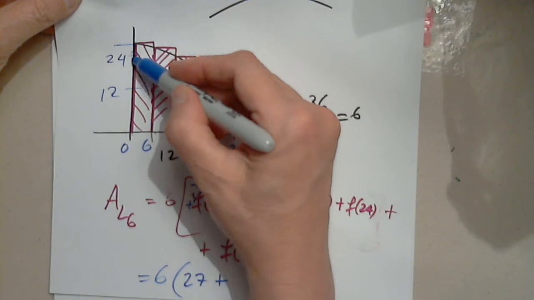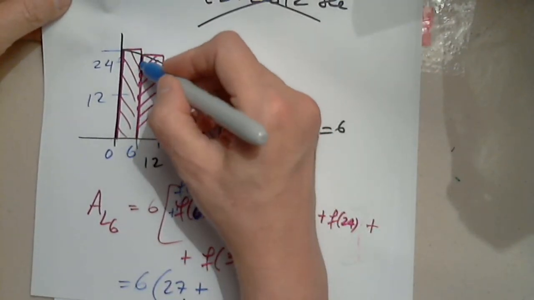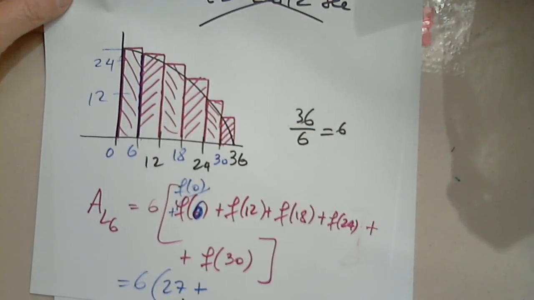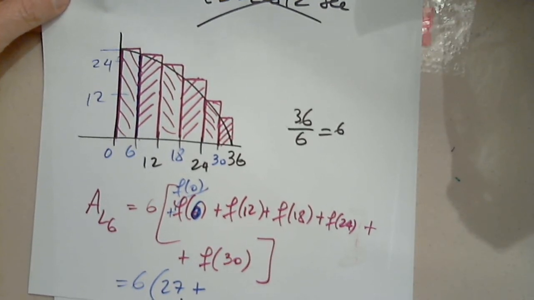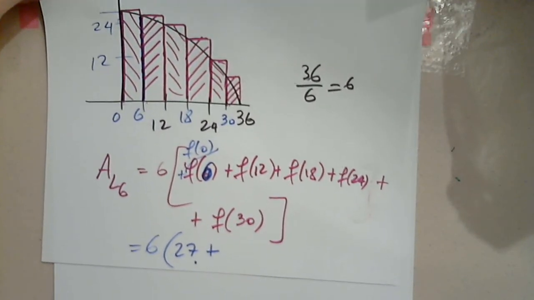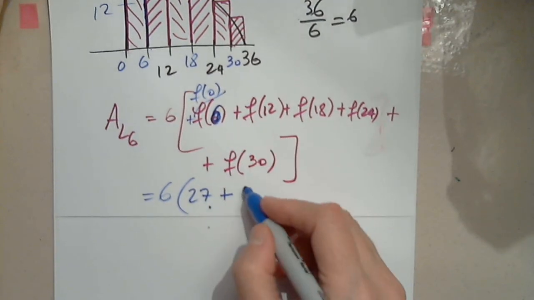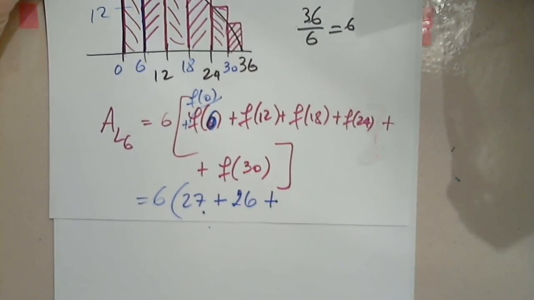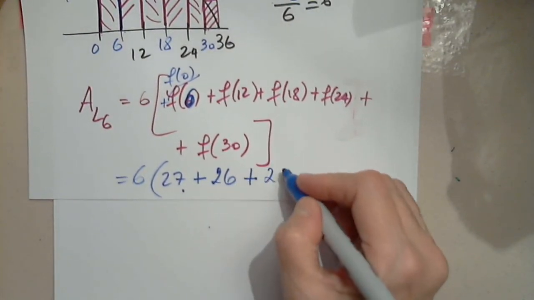So after I determine this height, and for my graph is 27, now I have to approximate this, which is not easy, because the unit for me is 3. So I'm going to subtract 1. So I'm going to say that f of 6 is 26 plus f of 12 for me is roughly 25.